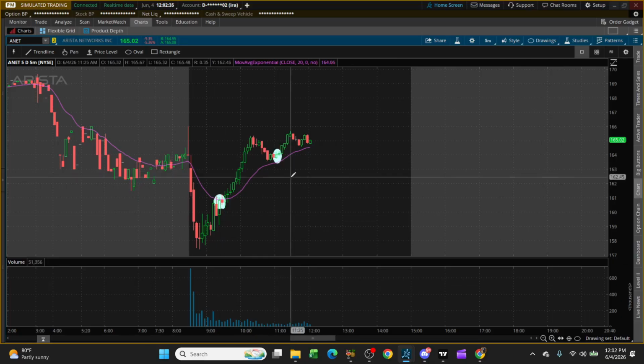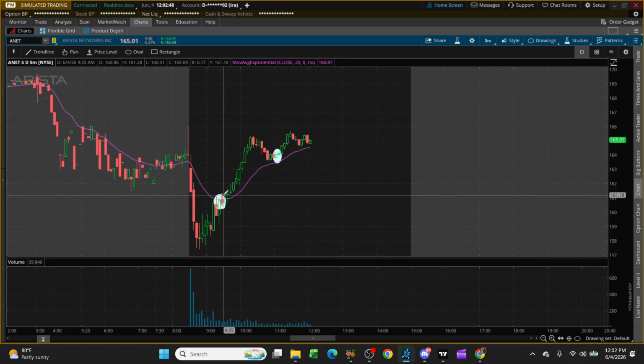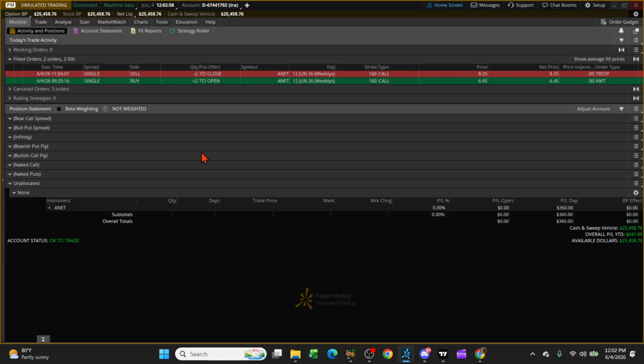That is beautiful to see. For the most part, there's no more grease, no more juice to squeeze on this, so to speak. So an amazing trade, even when I had to set it and forget it and leave it. What was the profit? We can see we made 360 bucks on this trade, but I like to look at the percentage because holding a trade is one of the hardest things to do.